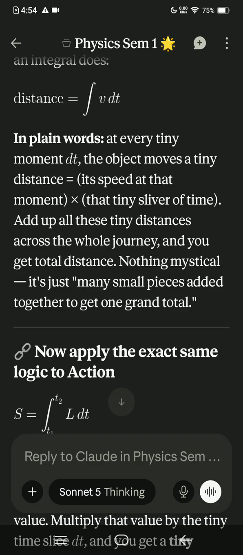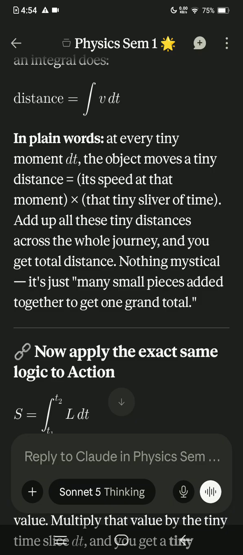In plain words, at every tiny moment dt, the object moves a tiny distance: the speed at that moment times that tiny sliver of time. Add up all these tiny distances across the whole journey and you get the total distance. Nothing mystical, it's just many small pieces added together to get one grand total.